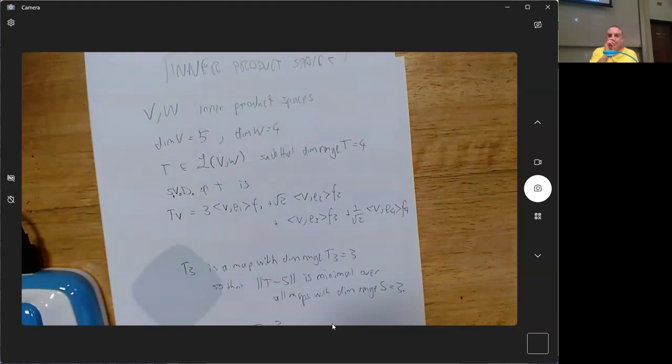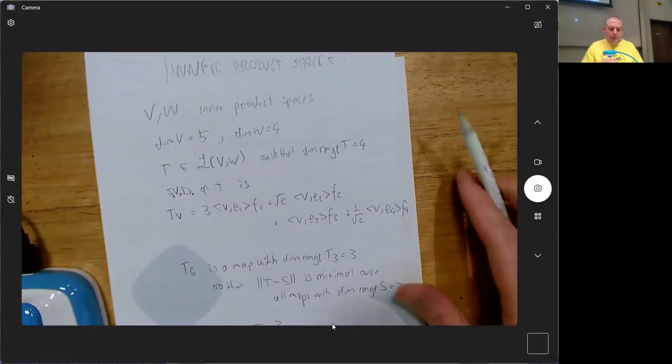Yeah. So I have thoughts about that. So T3 is a map with the dimension of the range. And then we've got this, which I would read with ordinary vectors as the length, but let's say the norm maybe, the norm of T minus S.